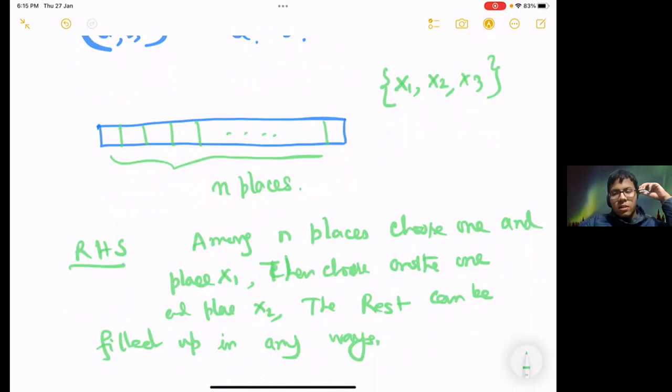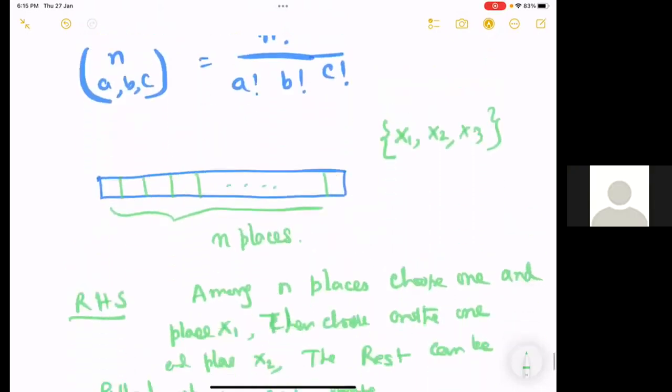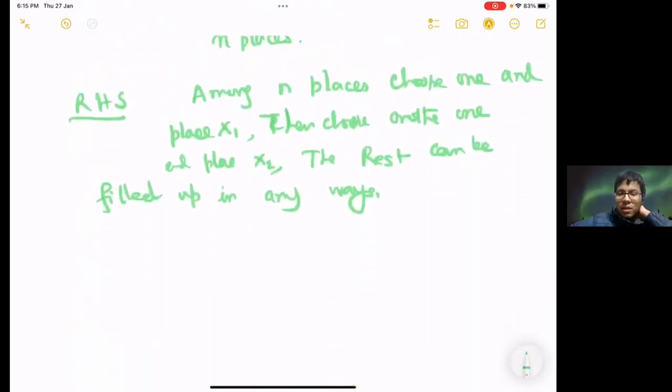But this won't work. You need to give the special property of the first x1 and x2 you're filling. You need to remember those places. It's not just that you're placing them. You also need to remember that I placed them in this position and this position.